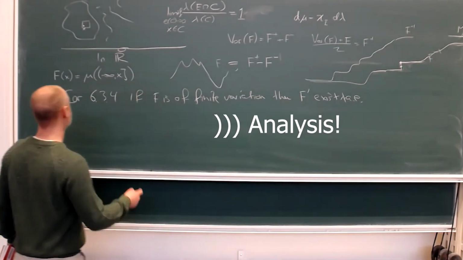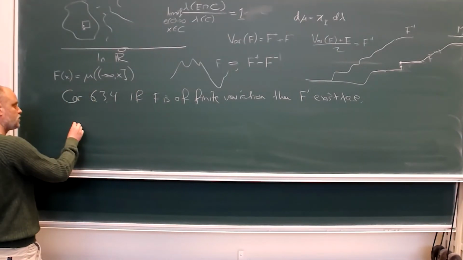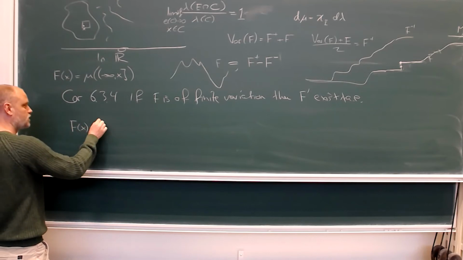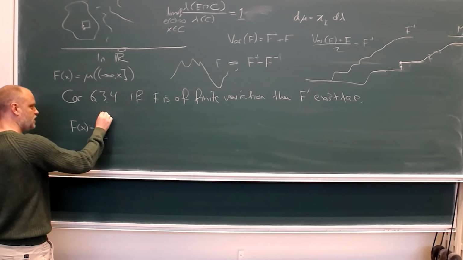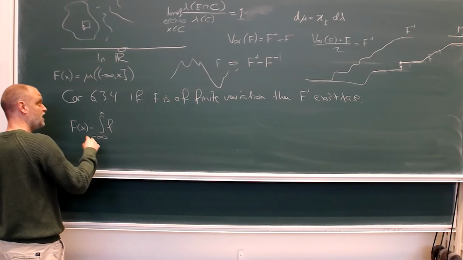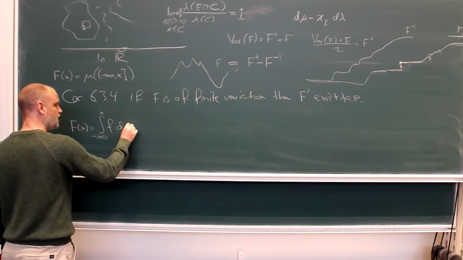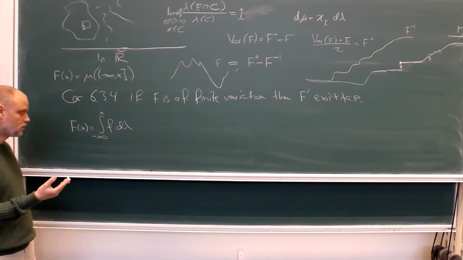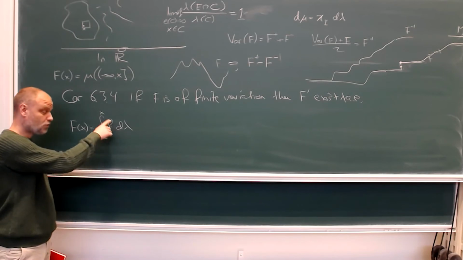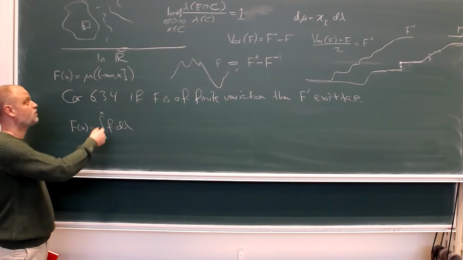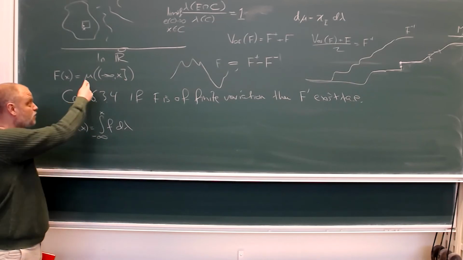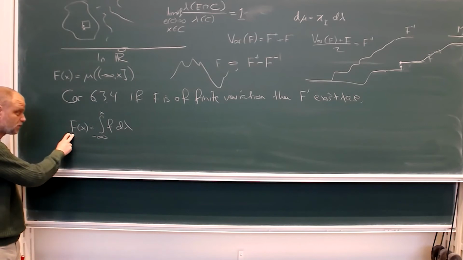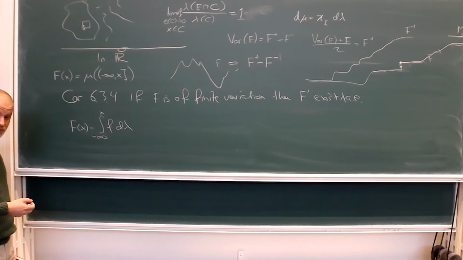So now, if mu is absolutely continuous, then we know that our F of x is equal to the integral from minus infinity up to x of some function little f d lambda, where this is the Radon-Nikodym derivative. But we also know that this is almost everywhere the derivative of the measure mu, and the derivative of the measure mu almost everywhere is equal to the derivative of F. So F is differentiable almost everywhere with derivative equal to that guy.